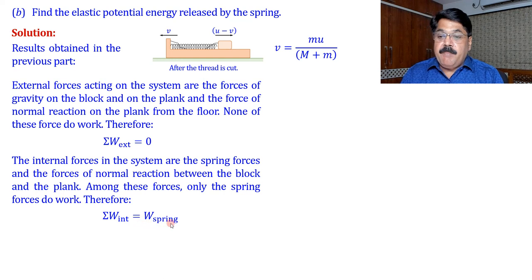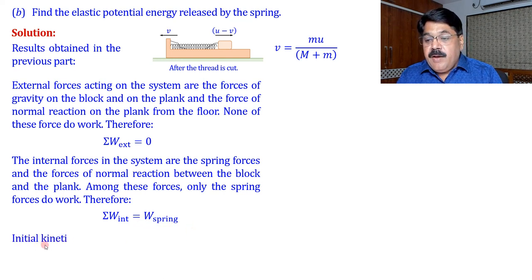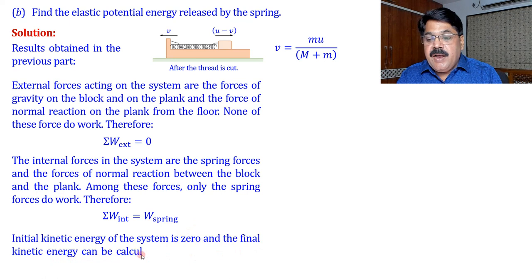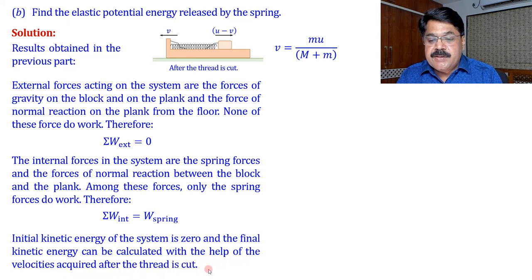And now we can apply the work energy theorem for a system of particles. Initial kinetic energy of the system is 0, and the final kinetic energy can be calculated with the help of the velocities acquired after the thread is cut, because we know both the velocities and can find both the kinetic energies.